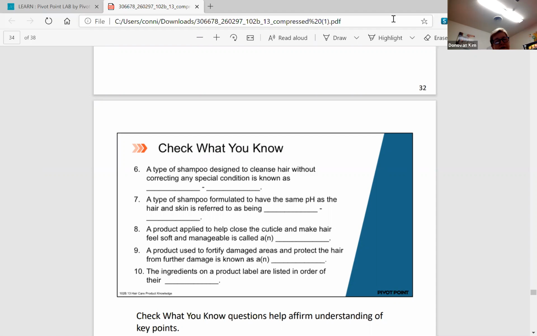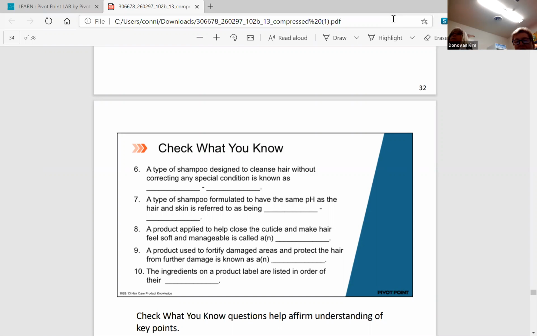Where's 4.5 to 5.5 on the pH scale? That's low, so what do you think it's going to be, an acid or an alkaline? Alkaline? No, the low is going to be the acid. Remember, our hair is acid balanced. So the shampoo that's formulated with the same pH would be acid balanced.